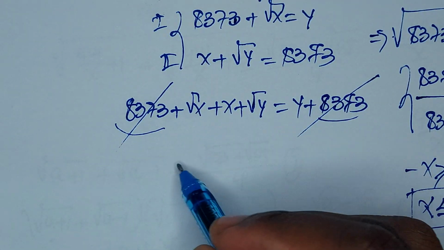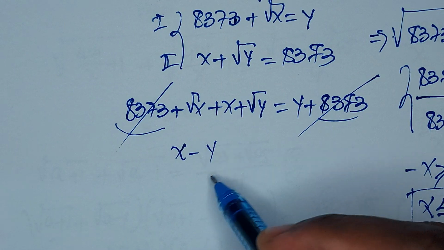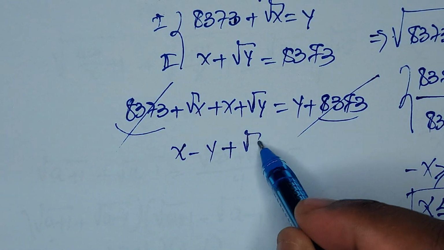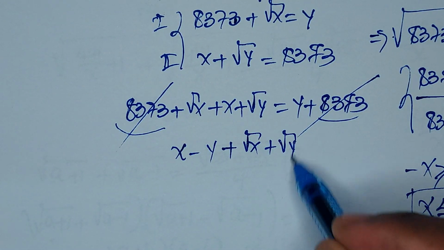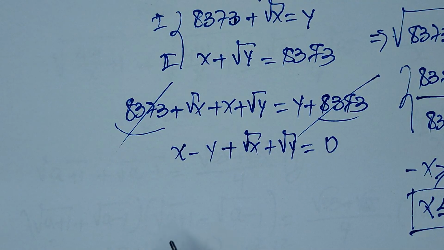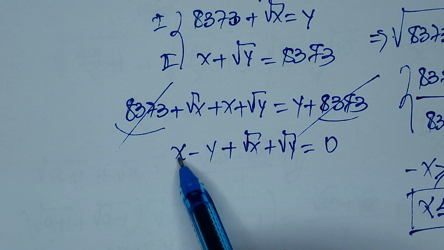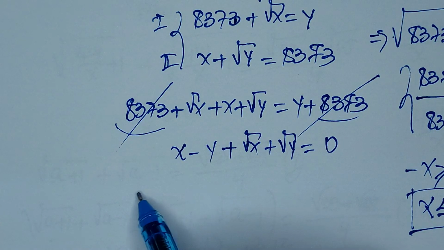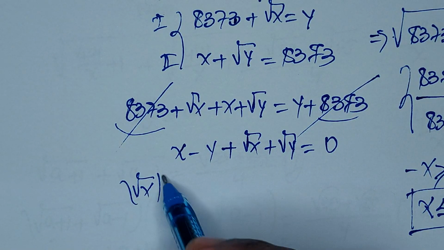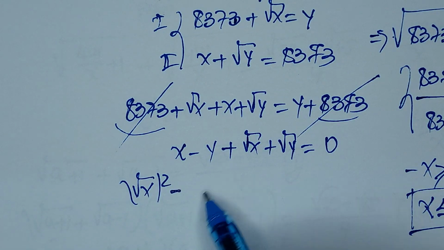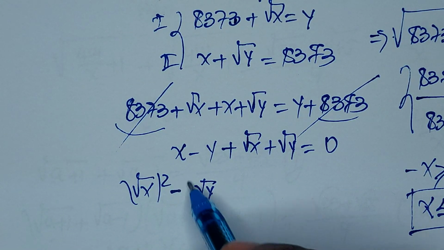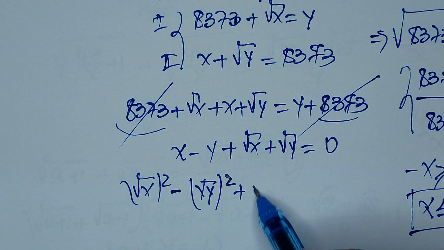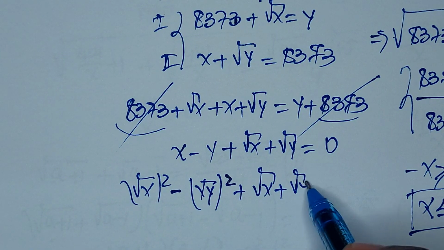And then I have here x minus y plus square root of x plus square root of y, and this is equal to 0. So I can write x as square root of x squared, minus y, I can write y as square root of y squared, plus square root of x plus square root of y equals 0.